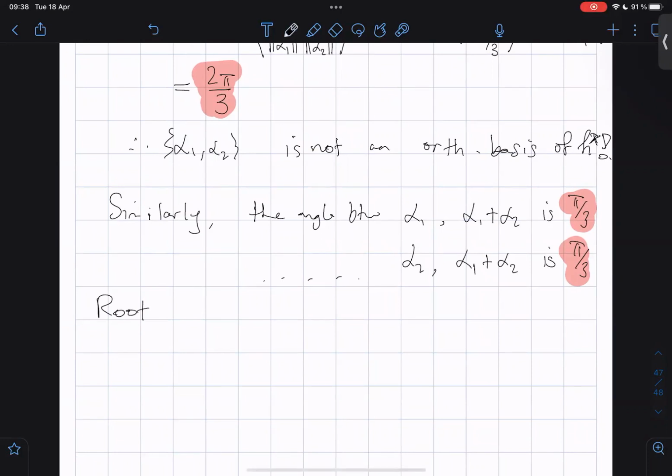Okay, so now we can start drawing the picture. So the root diagram for SL3 looks as follows.